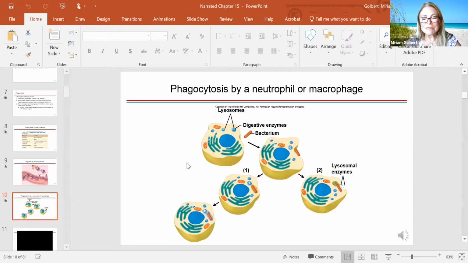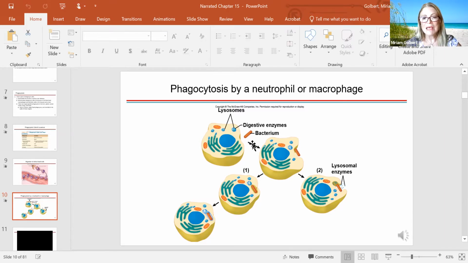So what happens with phagocytosis is that once the bacteria or the foreign particle gets inside the phagocyte, then lysosomes, which are these little organelles that have hydrolytic enzymes, and by that means they're digestive, they break down things.